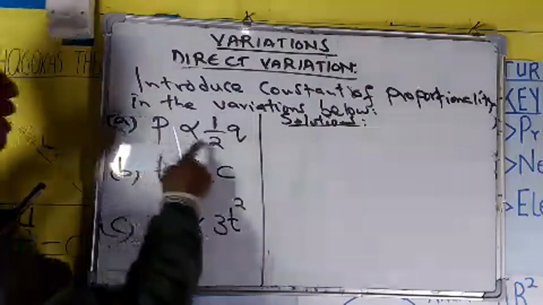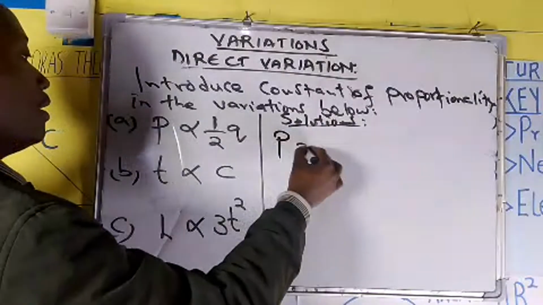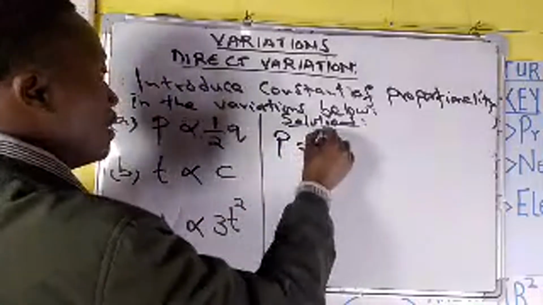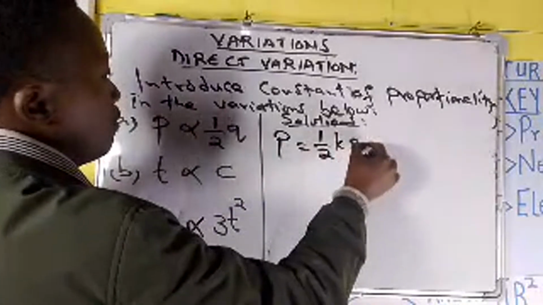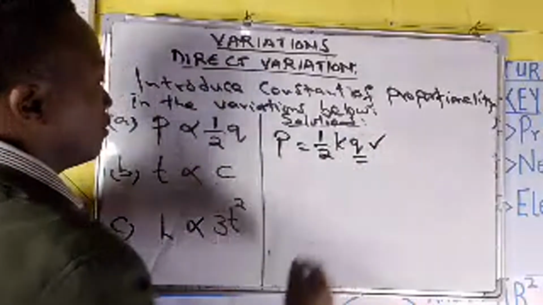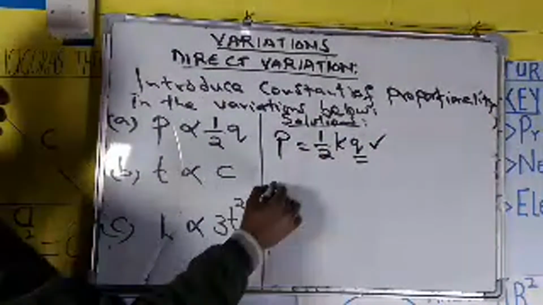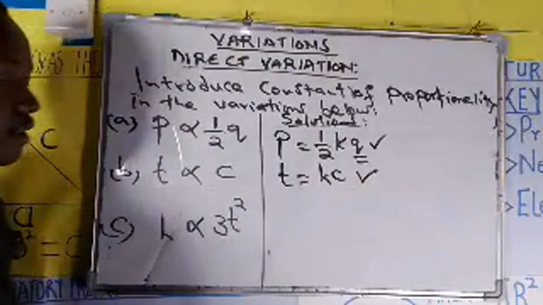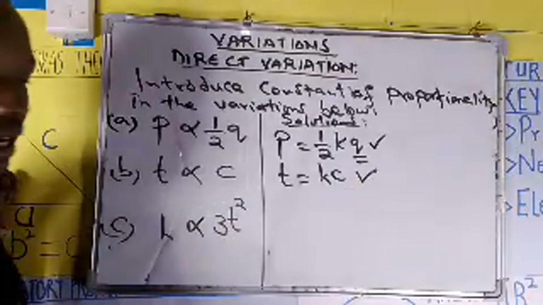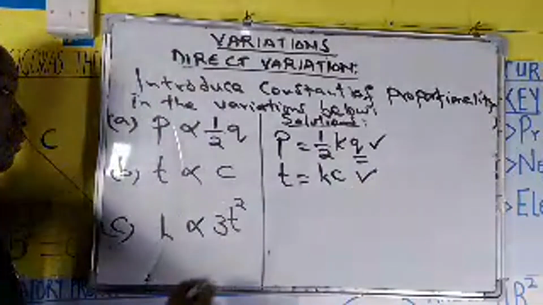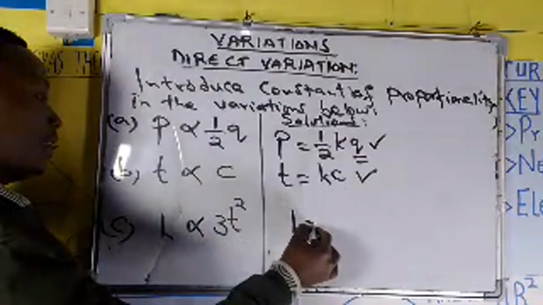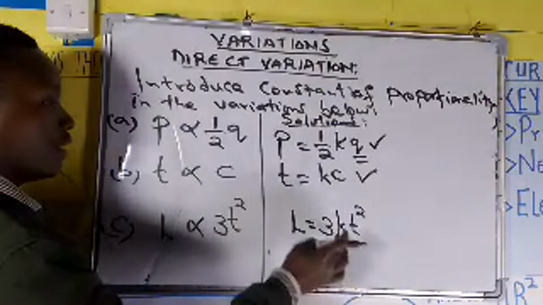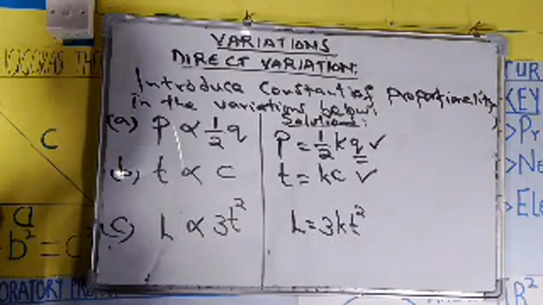Solutions: P is equal to, we use K, so we can say a half KQ. The second one, T is equal to KC. And the third one will be L is equal to 3K T squared.